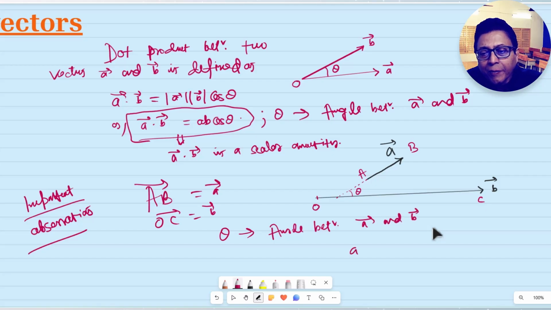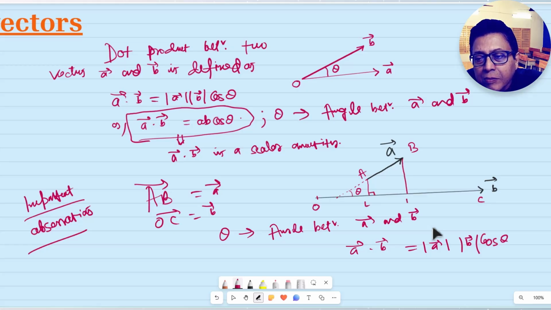Okay, and A dot B we write first. This is mod A, mod B, cos theta. You draw perpendiculars here, AL and BM be these two perpendiculars. Now, when you are saying it is mod A mod B cos theta, what is the effective part of A vector on B?